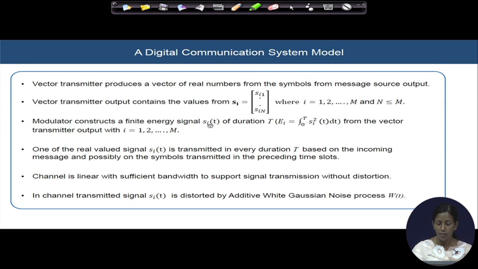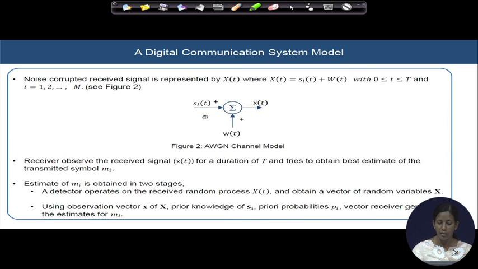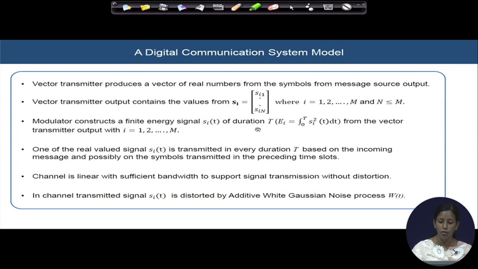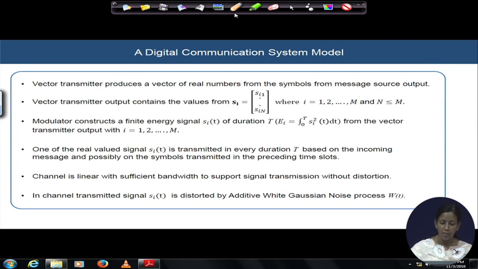Remember, the constitution of Si(t) is such that over the duration of capital T, the total energy of Si will be normalized to 1, and Si can vary over the symbols. So i can go from 1 to capital M, and you will get the signals S1 to SM.